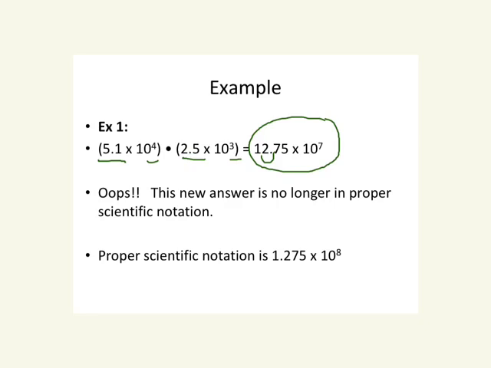When you move the decimal point one spot to the left, that increases the exponent of 10 by 1. So the true answer would be 1.275 times 10 to the 8th power. Now it's in proper scientific notation form, so we can have our final answer. So just when you're doing these type of problems, always be careful, always check: is my answer in scientific notation form? If it's not, you need to put it into that form.